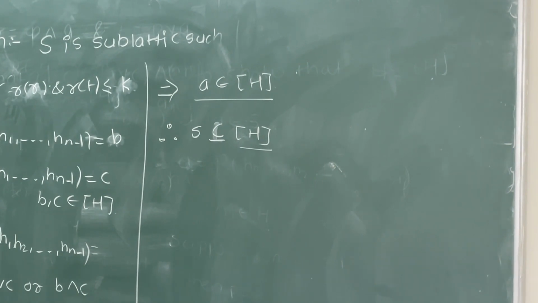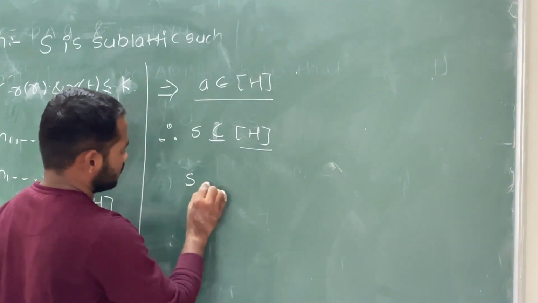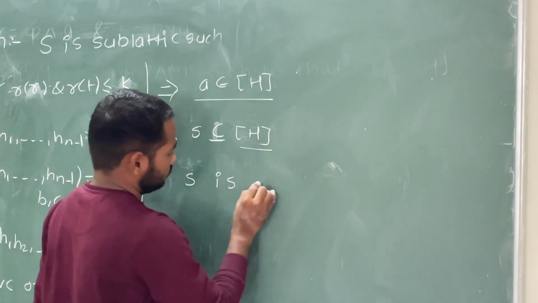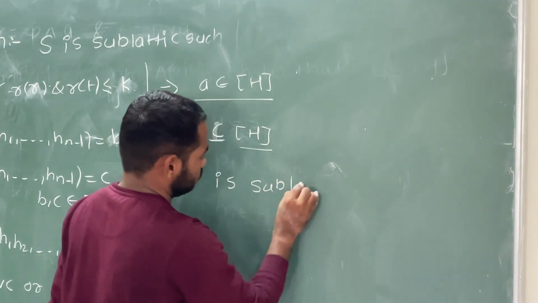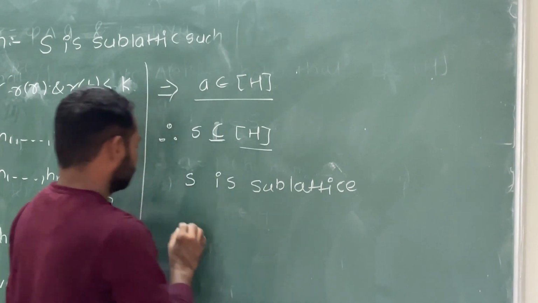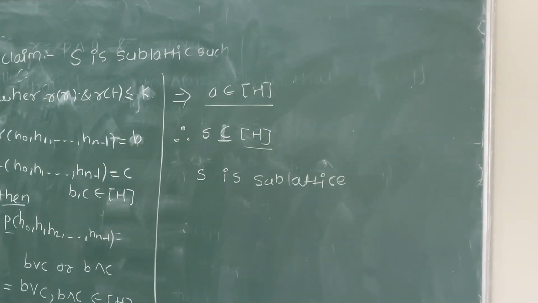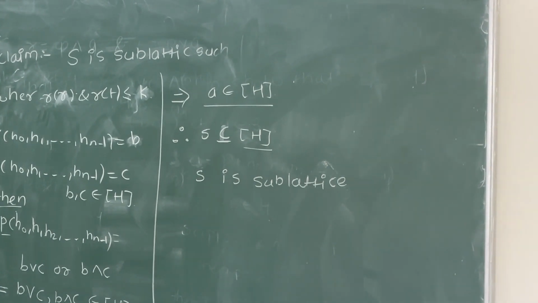We will prove that. But suppose we assume that S is a sublattice, and it is already containing H. Now we have to prove S is a sublattice. Once we prove that S is a sublattice, our proof is concluded. S will become square bracket H. Is this clear?